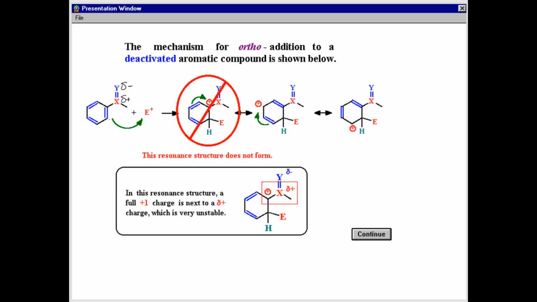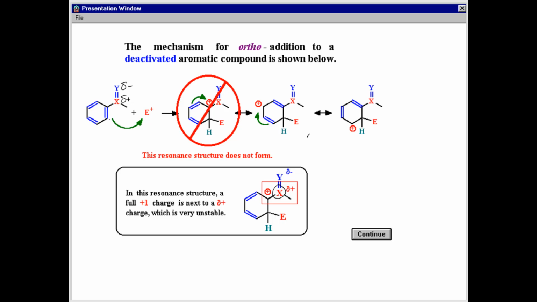Now in this case though, putting the plus charge next to an X double bond Y group, remember that X group is partially positive. So putting a positive charge next to a partially positive charge is unstable. So unstable that I'm going to treat this resonance structure as if it doesn't form. That's why I'm putting the big slash through it.